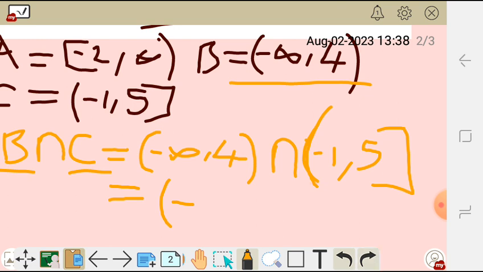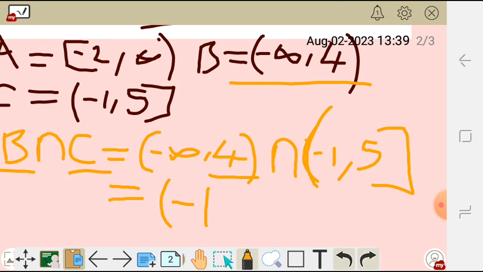Okay, then from there, after we have considered these numbers, we move on to the next numbers, which is 4 and 5. Okay, 4 and 5. So when you look at these numbers, here 5, we have 5 in set C, but 5 here is not there. Then when you look at 4, we do not have 4 here, and here it is there. But intersection means all the numbers which are found in both sets.